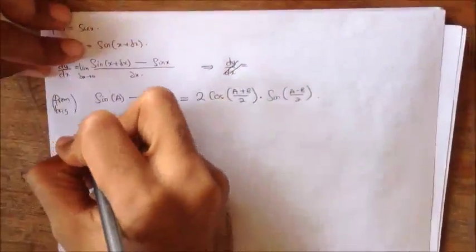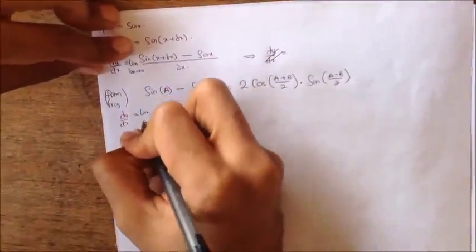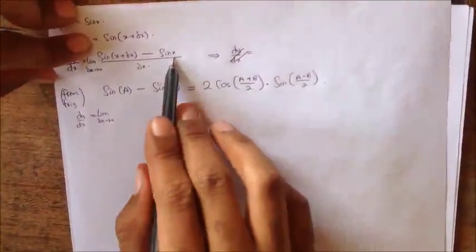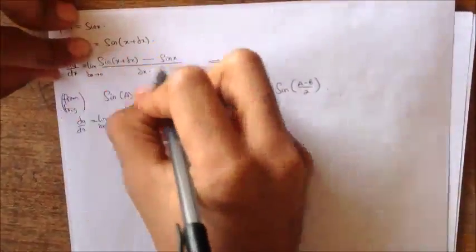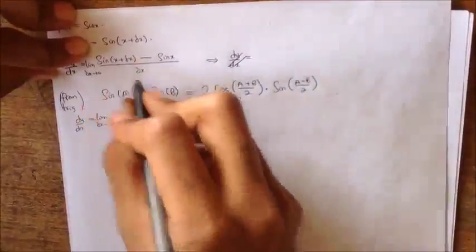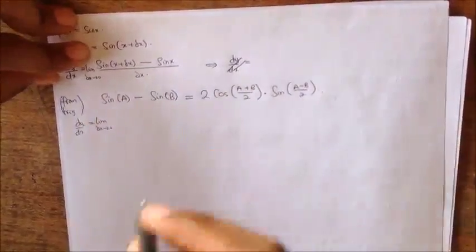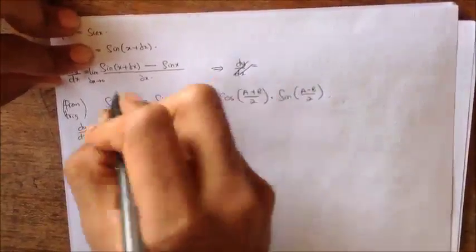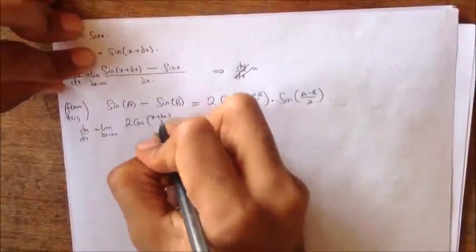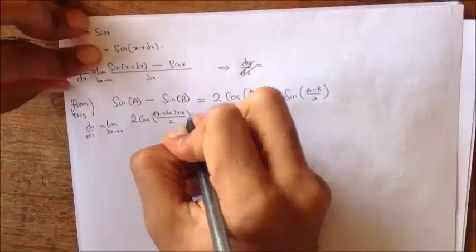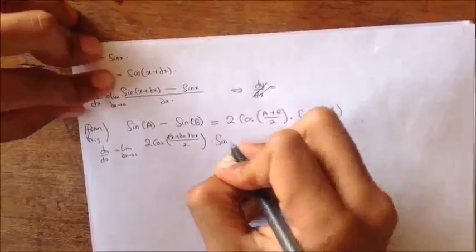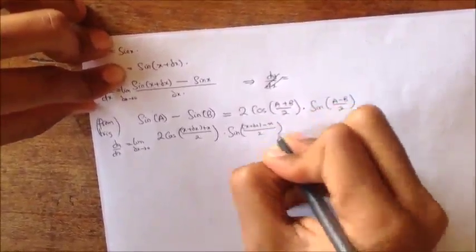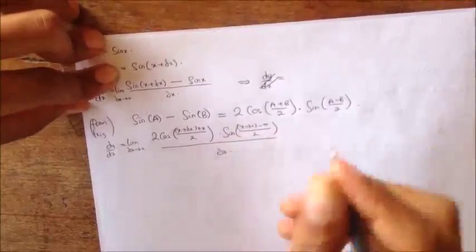So my dy dx is just the limit as delta x tends to 0 of, in this case, my x plus delta x is my A, and my x alone is my B. I'll just replace my A with x plus delta x and my B with x. So it's the limit as delta x tends to 0 of 2 cos of (x plus delta x plus x) divided by 2, times sine of (x plus delta x minus x) divided by 2, all divided by delta x.